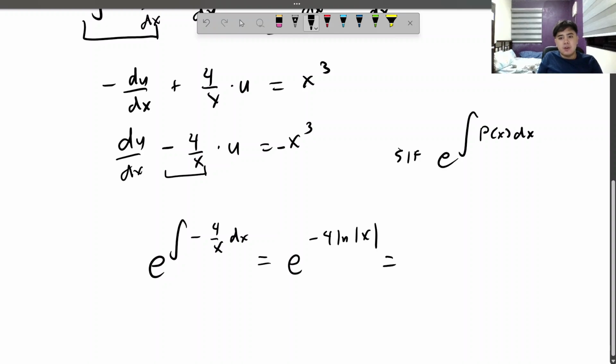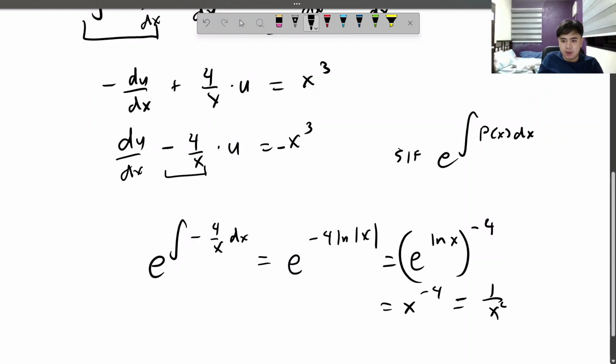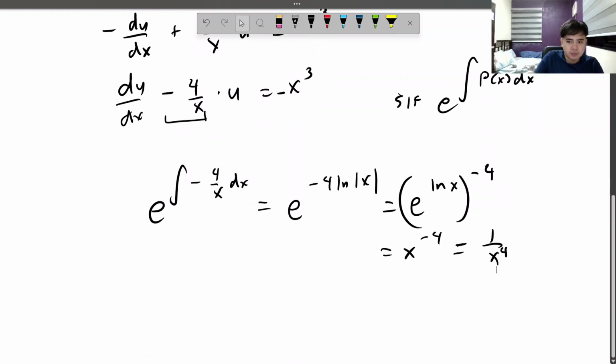Now, we can further simplify it by putting the negative 4 outside. And e to the ln x, we know is x, then to the negative 4. This is 1 over x to the 4. So we have to multiply that in order to get an easily solvable equation.